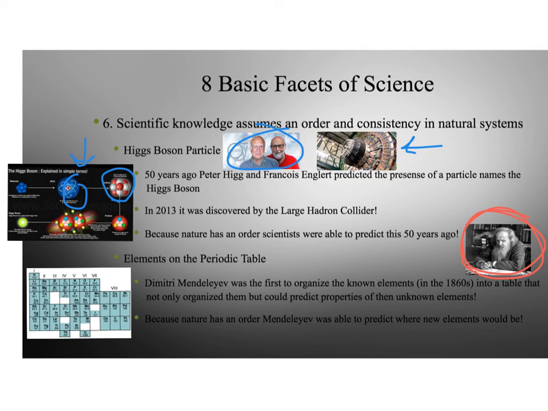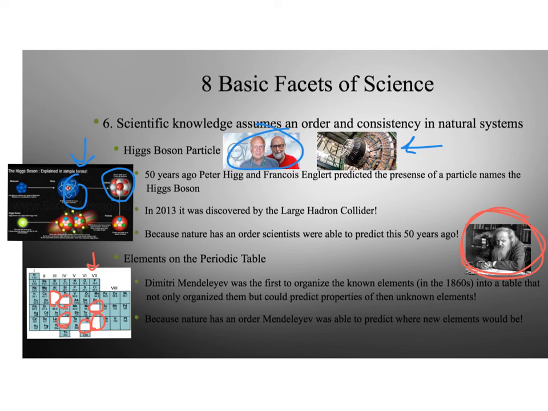If you take a look over here on the left, this is a representation of his early periodic table, and you can see there's a whole bunch of blanks, right? He's like, I know these elements all have the same kind of properties. They must be in these columns and rows, but there's got to be some that are missing that we don't know about yet.